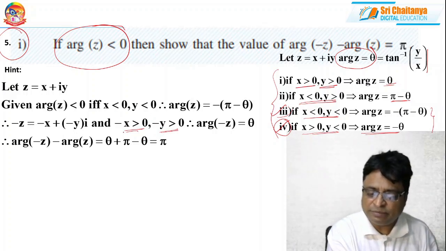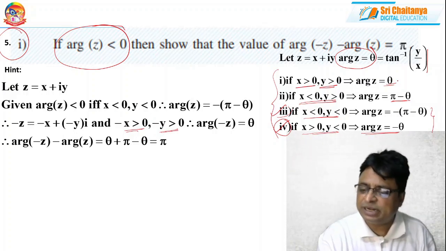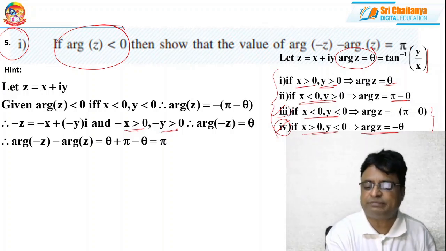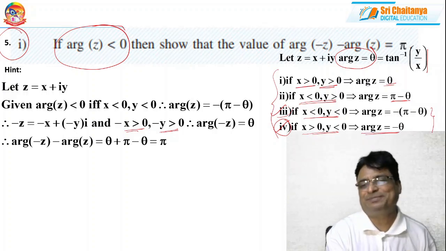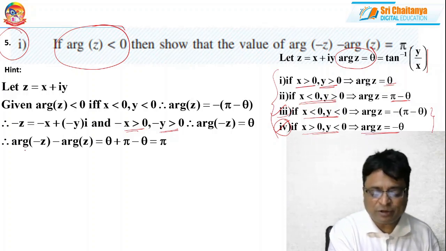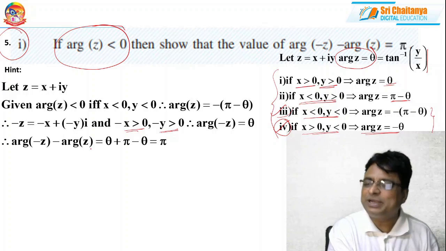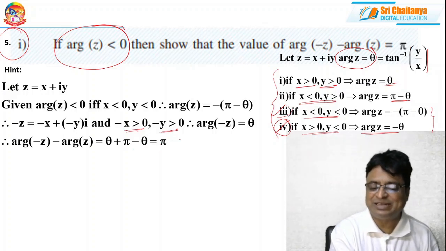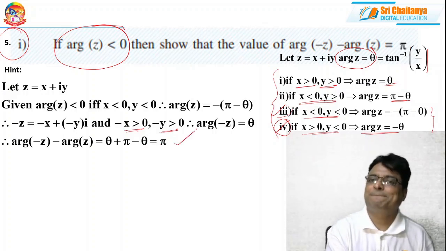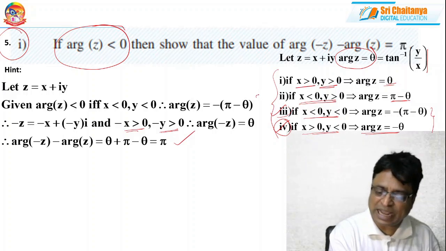If both are positive, then the argument of minus z is theta. So what is my argument of minus z minus argument of z? This is theta, and this is plus pi minus theta, the minus minus gets cancelled. So you will get the answer as pi. This is a beautiful explanation.